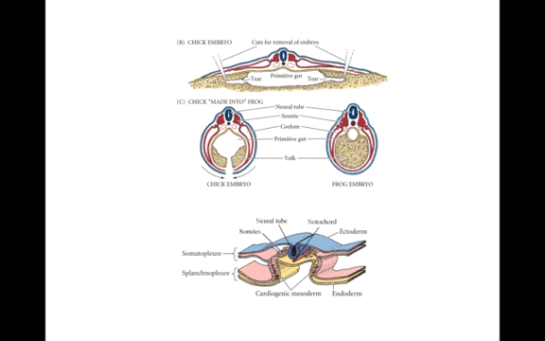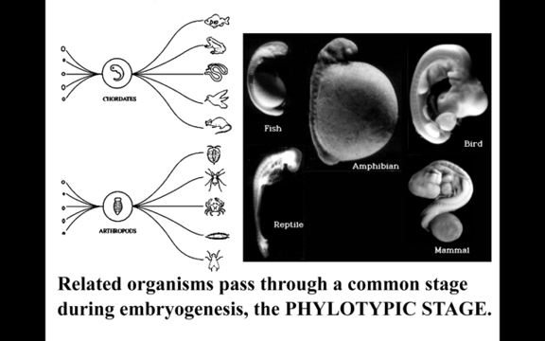And this just shows some of those major features. Talking about the somatopleura and the splanchnopleura, and in here it says some of the splanchnopleura is going to be the cardiogenic mesoderm, so it's going to make the heart. And same body plan, just different starting points. So there's that image, that idea again.